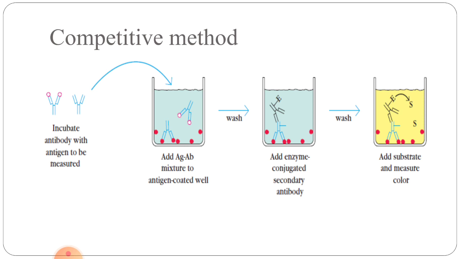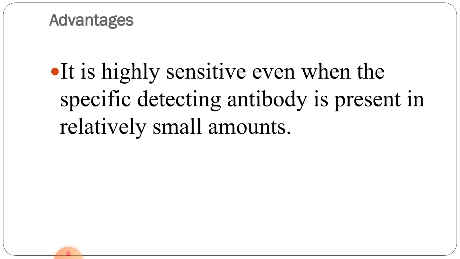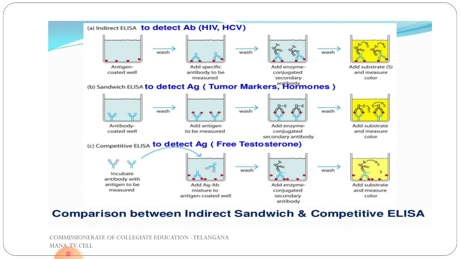Then they are washed and a secondary antibody conjugated with an enzyme is added, and again they are washed, and substrate is added to measure the color. Advantage: it is highly sensitive even when the specific detecting antibody is present in relatively small amounts.